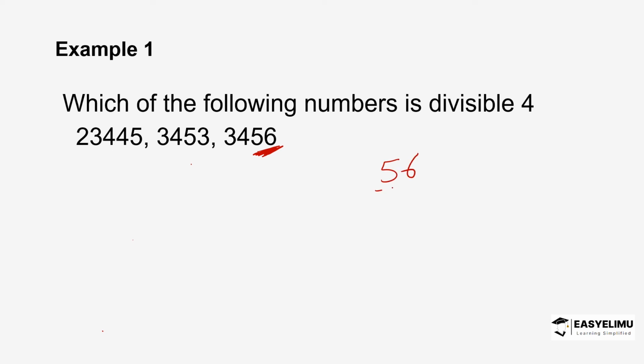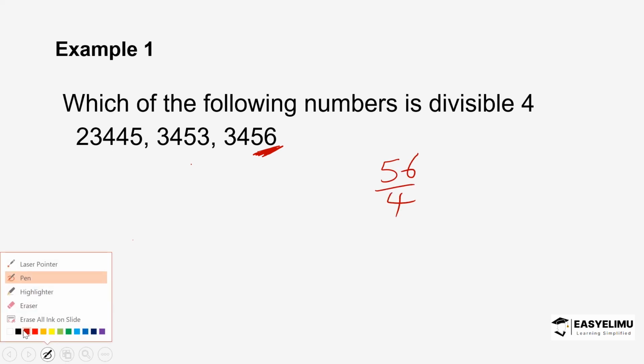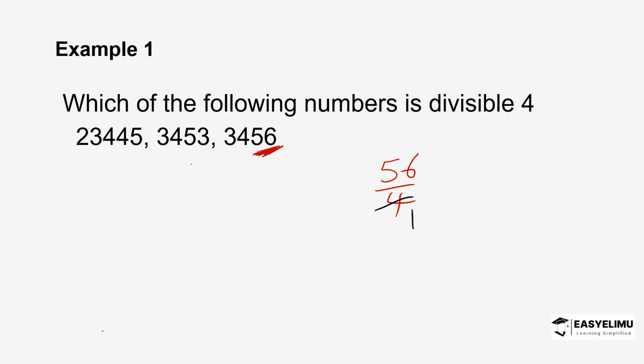You take 56 over 4. So 4 here, 1, 4 goes there, 1, remainder 1. You take 1 to the next digit as 10, 16 is 4. So 4 goes into 56 14 times, or you can use the long division if that is not really interesting.